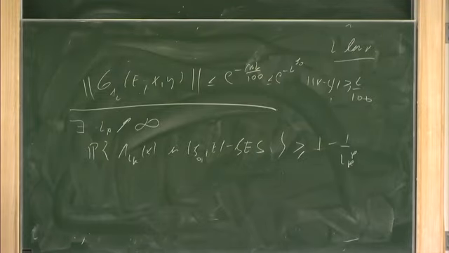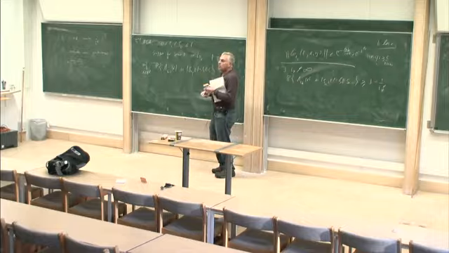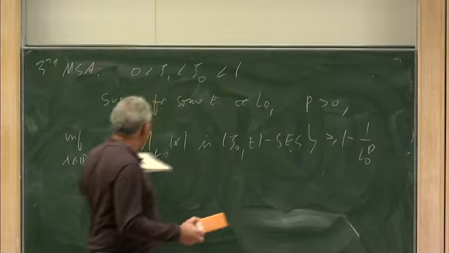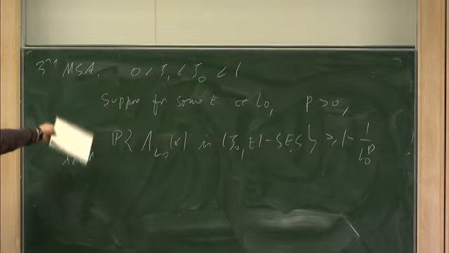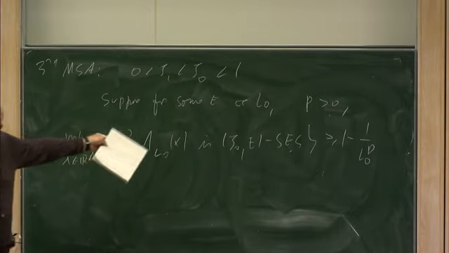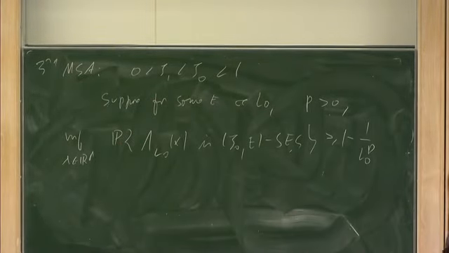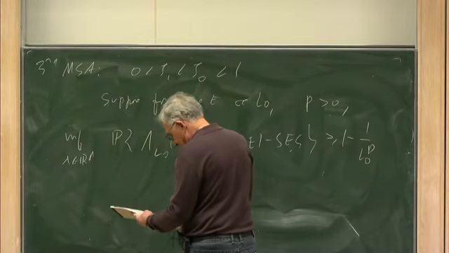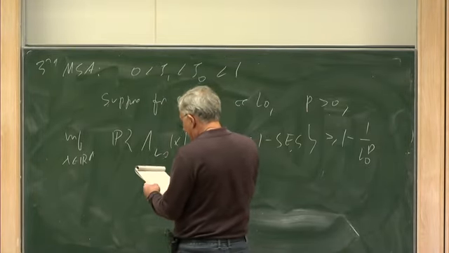So I can certainly satisfy this hypothesis with the results of the second multiscale analysis. In other words, the hypothesis of the initial theorem do imply that this hypothesis is satisfied at the appropriate L0. So we got there.